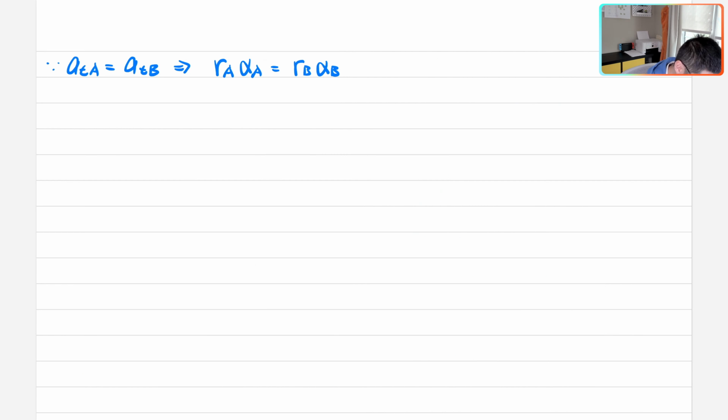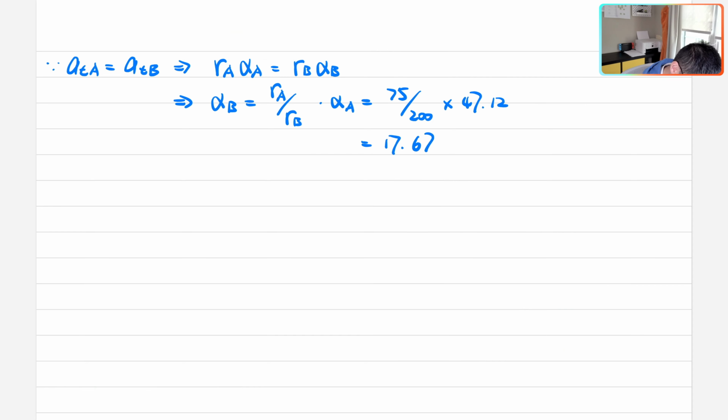So similarly, we'll rearrange a little bit to find that our angular acceleration of B is, again, given by the ratio between RA over RB times alpha of A. Subbing the number, 75 over 200 times 47.12 equals 17.67 radians per second squared.